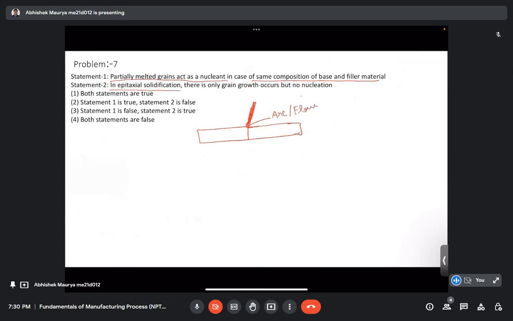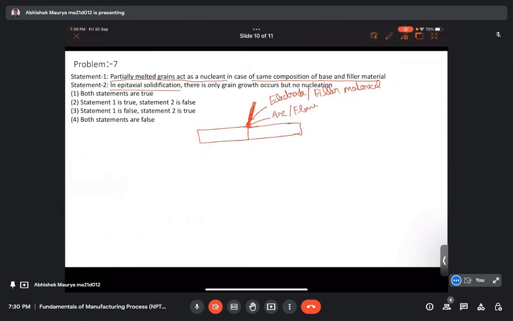When we supply heat near the joint area, what happens? Here we have an electrode, which sometimes also acts as a filler material, like this here.